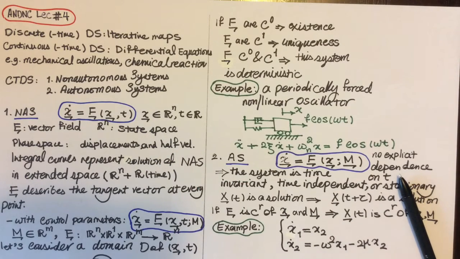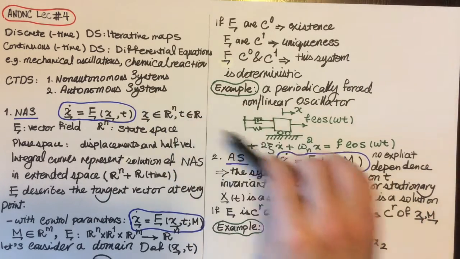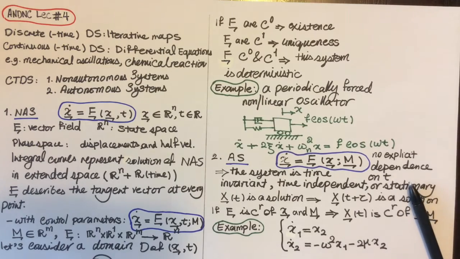For example, the system has a force which is described using cosine omega t, so time appears explicitly in your dynamical system. For autonomous systems, this is not the case. They do not need that explicit dependence on time.